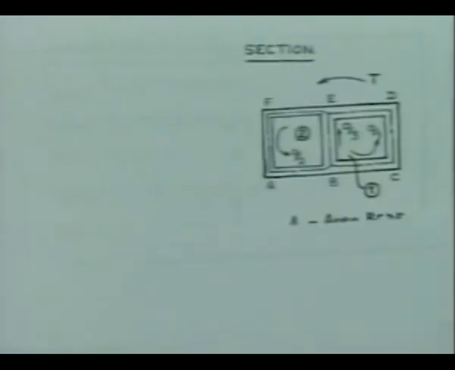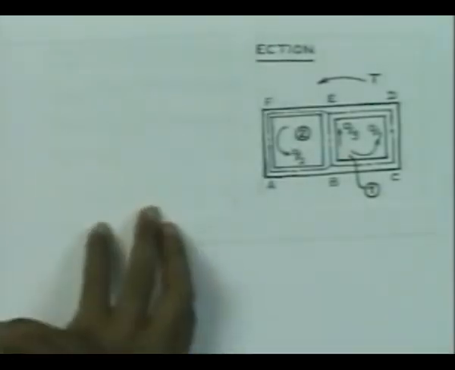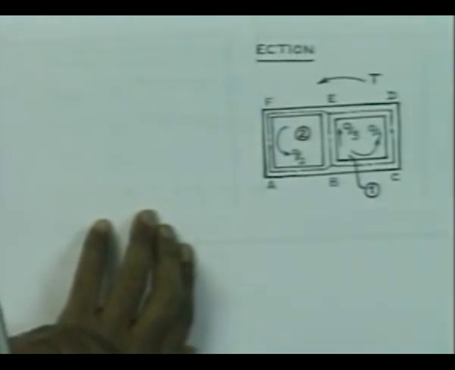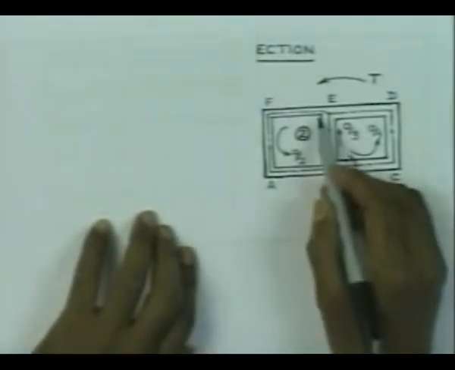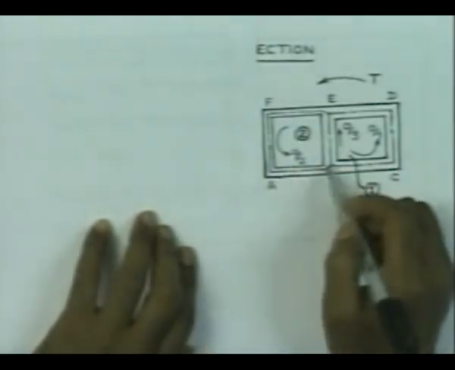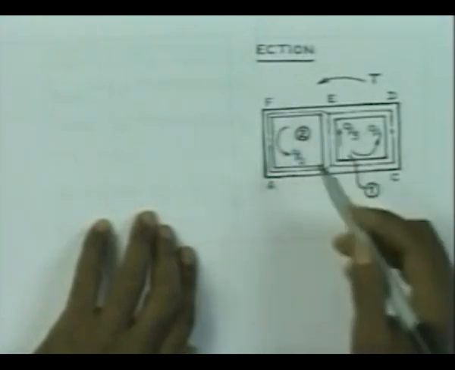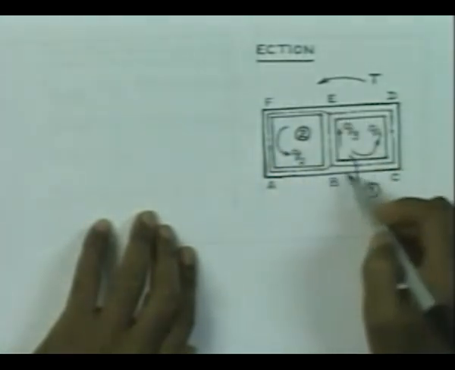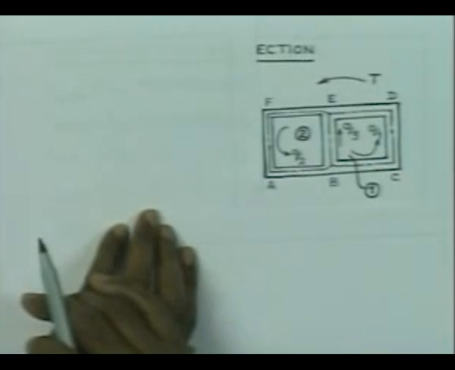Typically, what we are trying to concentrate upon in sections like this, where we have one box consisting of these 4 walls, another box consisting of these 4 walls.